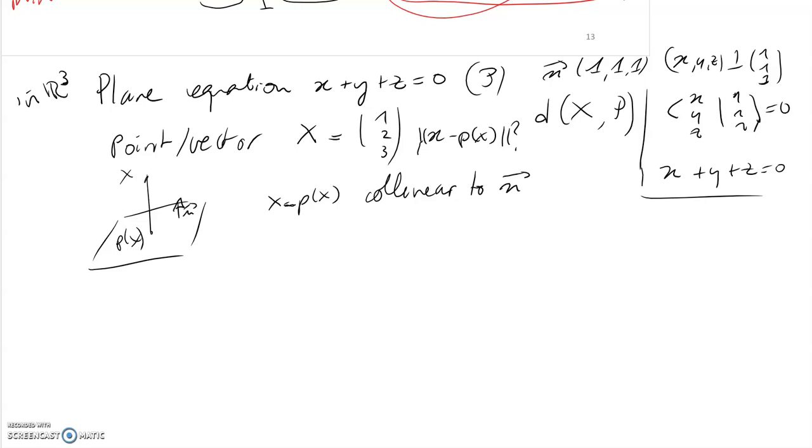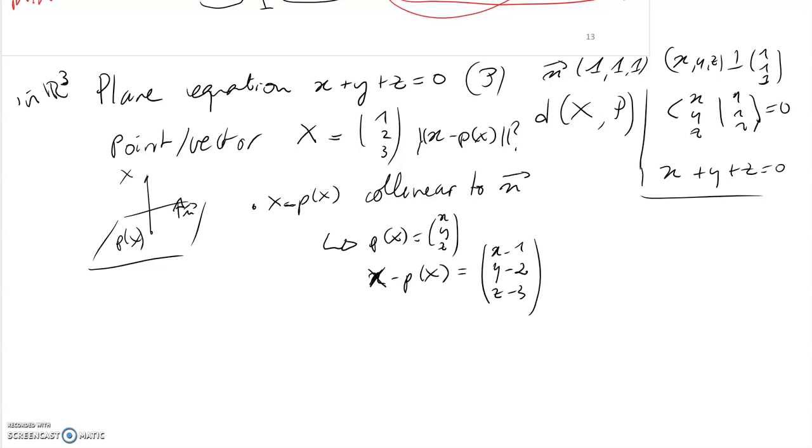If P of X has coordinates small x, y, z that you're looking for, then big X minus P of X is given by (x minus 1, y minus 2, z minus 3), and we know that it's collinear to n, so it's equal to some real number k times this normal vector.